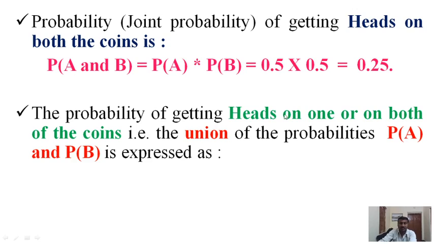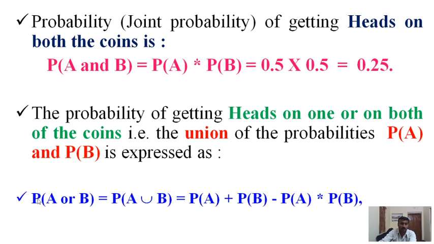The probability of getting a head on one or both of the coins, that is the union of A and B, is expressed as follows. As already said, "and" means intersection, "or" means union. So the probability of A or B is equal to the probability of A union B, which is equal to P(A) plus P(B) minus P(A) into P(B).